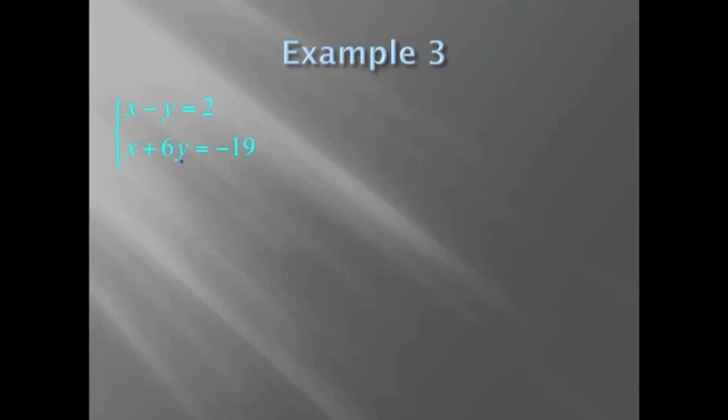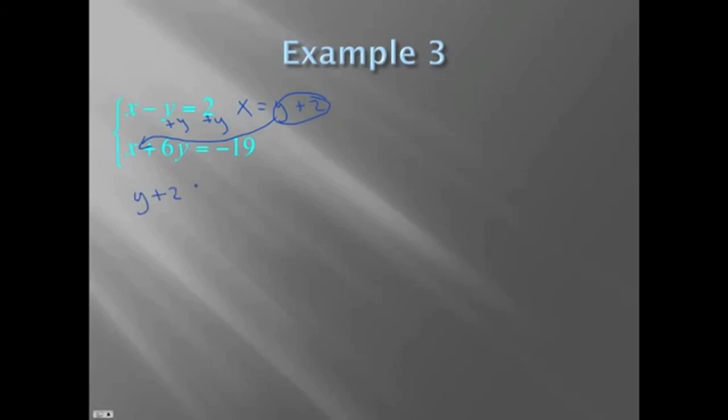I personally stay away from negatives. So I'm going to go up to the top and change this one to x equals y plus 2. All I've done is take this negative y and added it to both sides. So now I have x equals y plus 2, which I'm going to then plug in right there. This one's also kind of easy because when I plug it in for x, I'm going to have y plus 2.